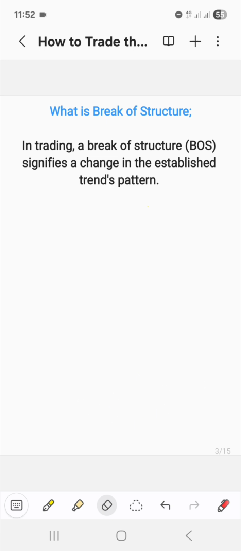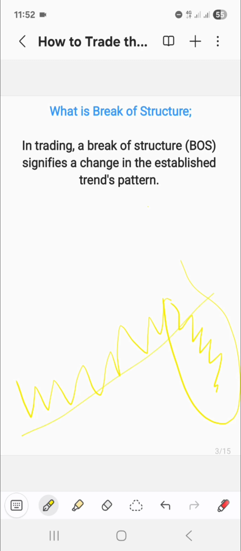At times it also occurs this way, when a market is coming in an upward direction before, and the market can start forming multiple candles towards the downward direction. It may not be a single candle that will break the structure. It may be at times multiple candlesticks towards the downward direction. Do you get my point?